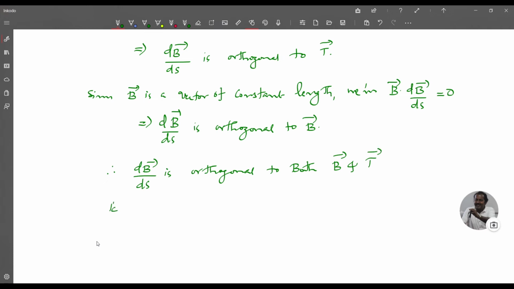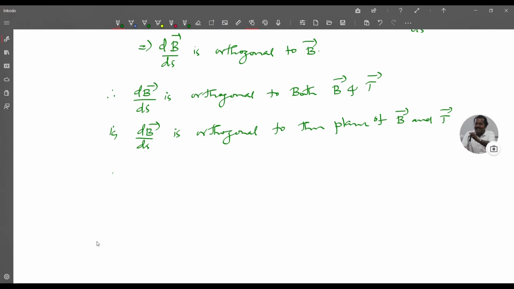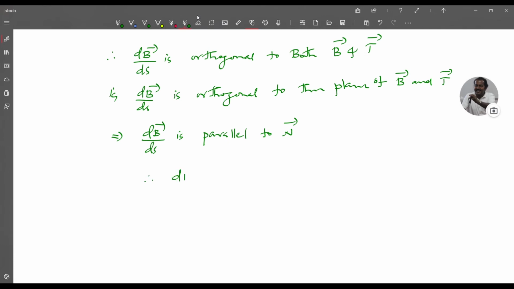That is, dB/ds is orthogonal to the plane of B and T. So this implies dB/ds is parallel to N. Therefore, dB/ds equal to minus tau times N, where the scalar tau is called the torsion.